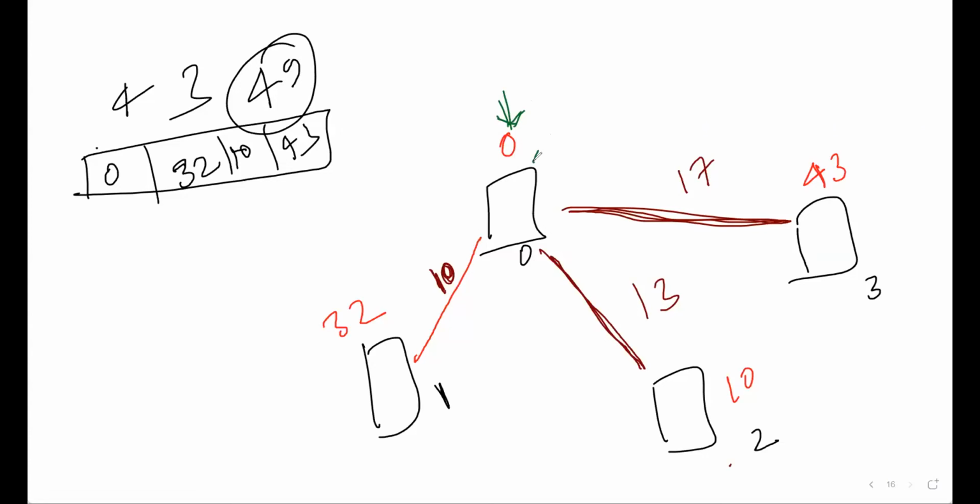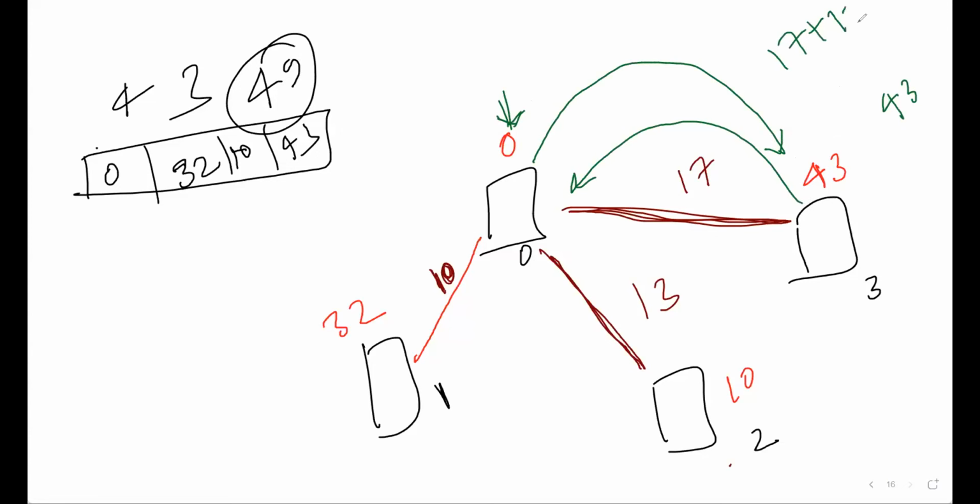You can go to city 3, the time taken will be 17, and the points that you will get are 43. From here you will come back to city 0 again, and again you will take 17 minutes. Okay, so now the total time is 34 minutes.